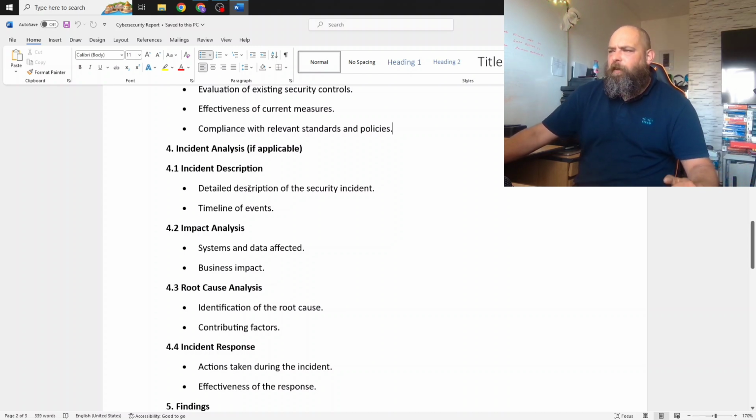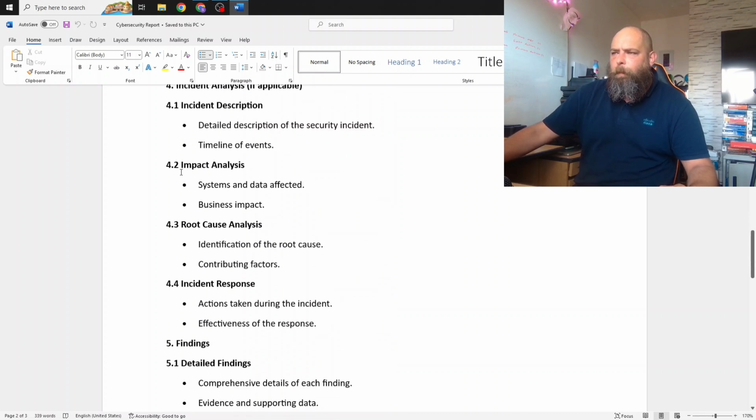So you would have a detailed description of the security incident and a timeline of events. 4.2 is the impact analysis, so systems and data that have been impacted or affected, and the impact to business. 4.3 is root cause analysis, such as identification of the root cause and contributing factors to that.